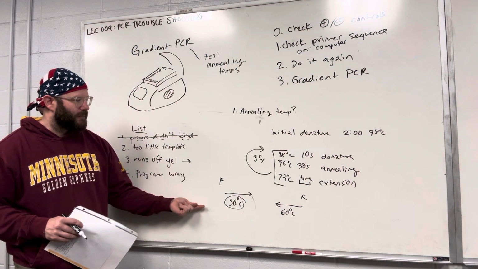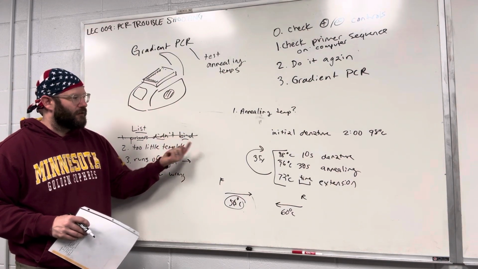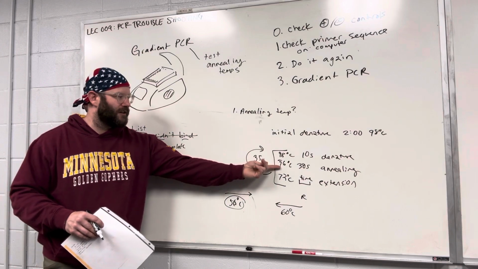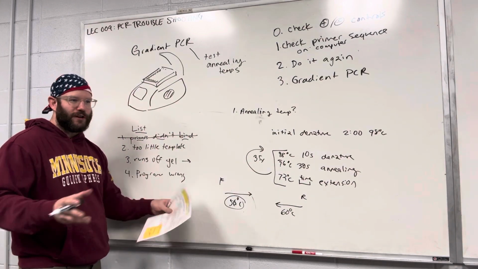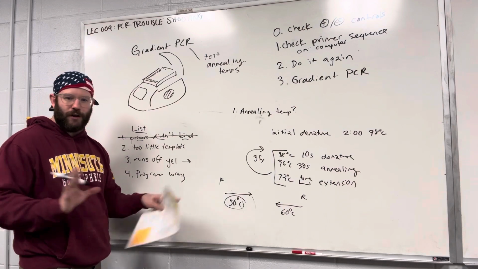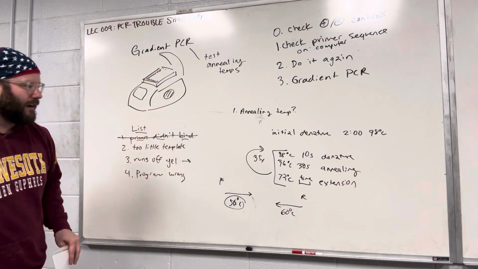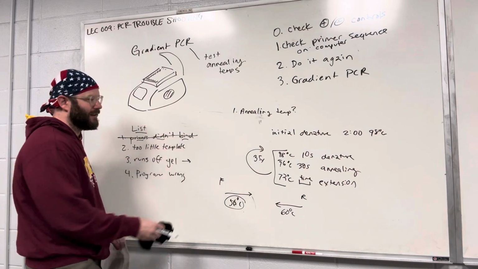So to optimize this, you can do a gradient PCR, which quickly tests a whole bunch of different temperatures for annealing. And sometimes weird temperature combinations work for whatever reason. And it's not always readily explainable rationally in a logical sense.